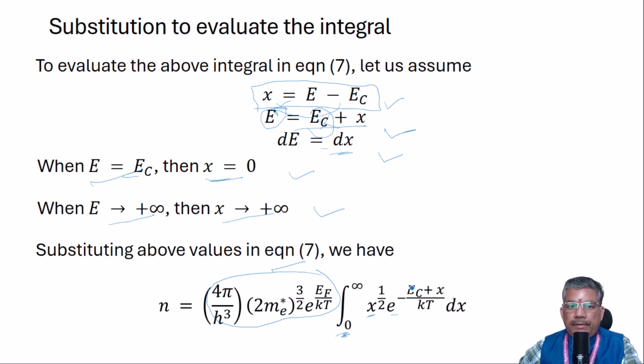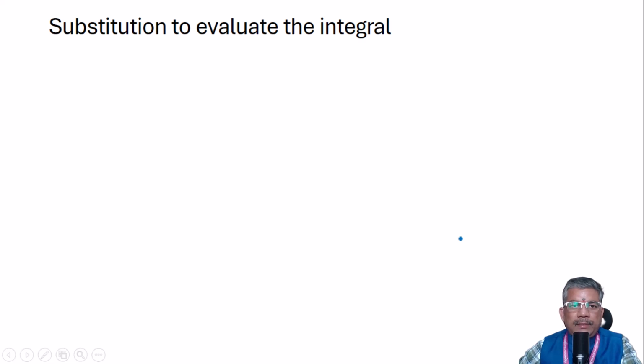So instead of E, we have to put Ec plus x, alright? Look at here, instead of E, we have to write Ec plus x. So remaining is kBT, and instead of dE, we have to write dx here. Okay. So we have substituted all the values in equation number 7.